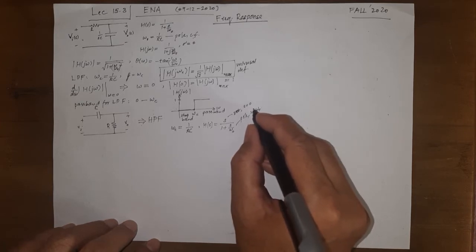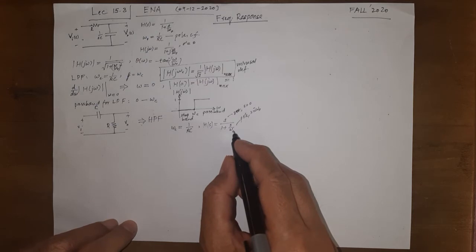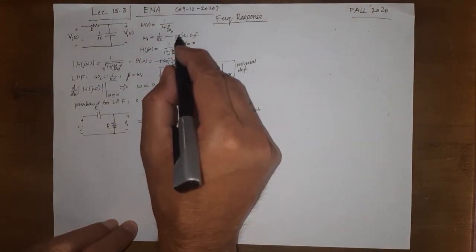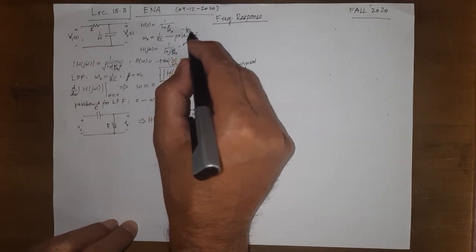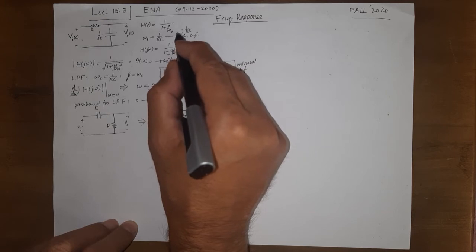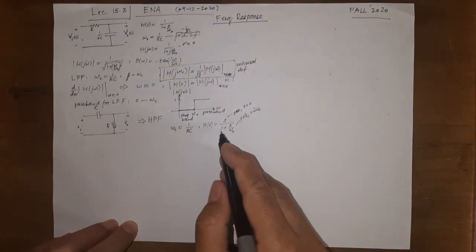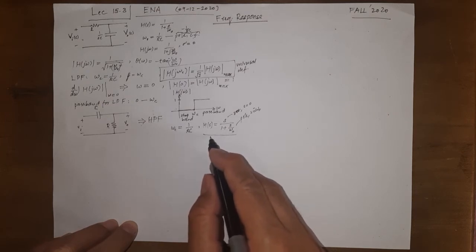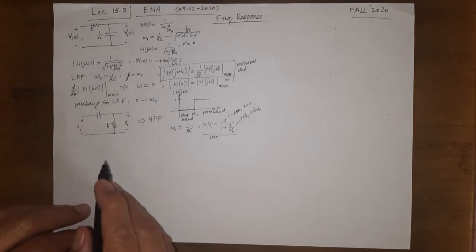In fact, a pole would be at minus omega naught, and this is important. So the pole would be at minus 1 over RC, and minus 1 over RC would be a critical frequency. So this is a transfer function for a high pass filter, which again would be an RC circuit.